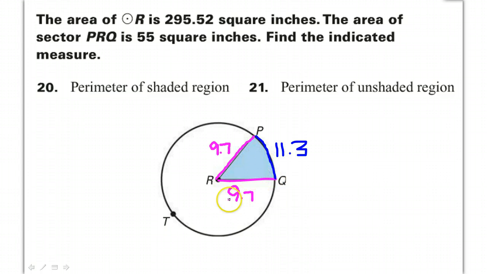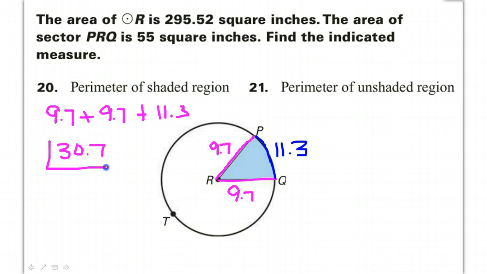So just add them all up. 30.7. Okay. So that's the perimeter of the shaded region.